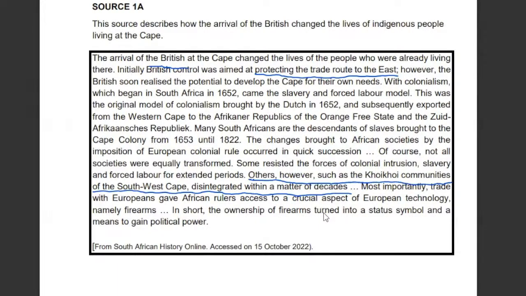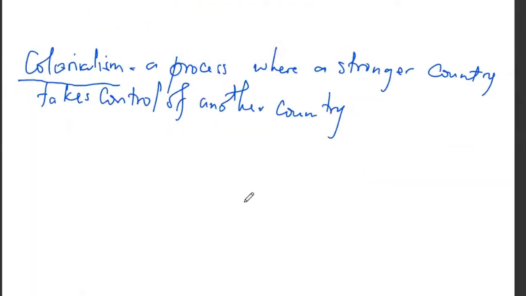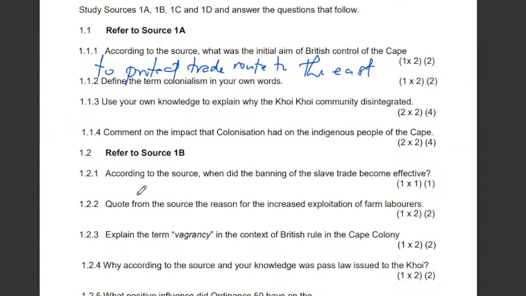So we want to figure out why these communities were disintegrated. Why were they now disjointed, unlike what they used to be in the earlier days before the coming of the British? So we are going to find some justifications here. This is question 1.1.3. We're looking at the explanation of why the communities were disintegrated.